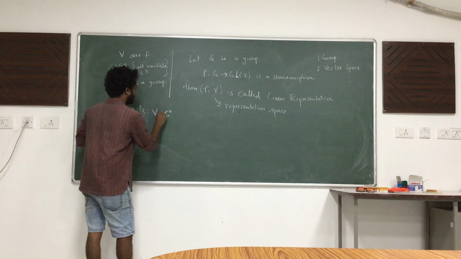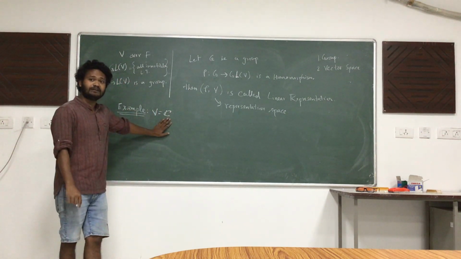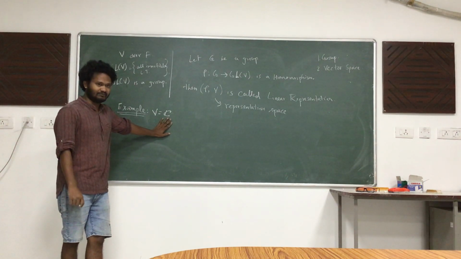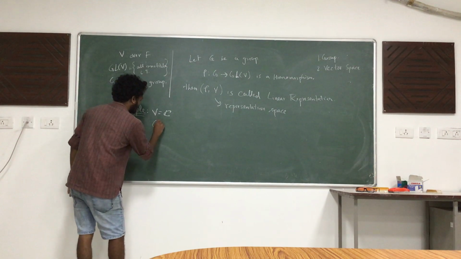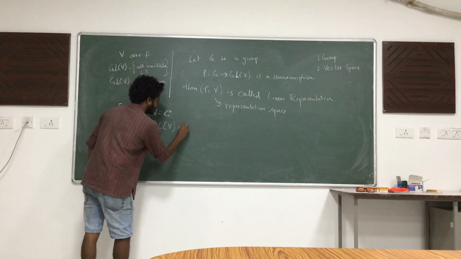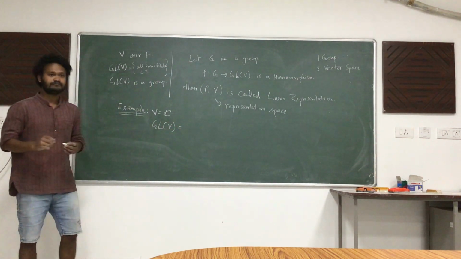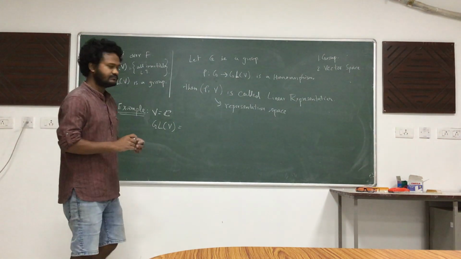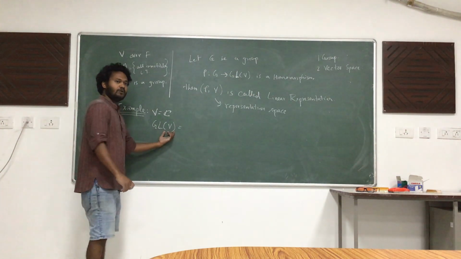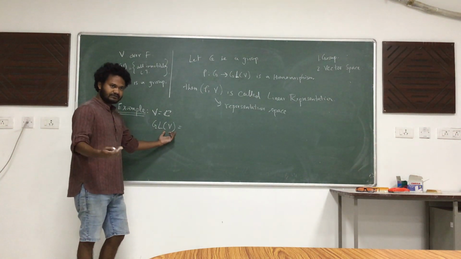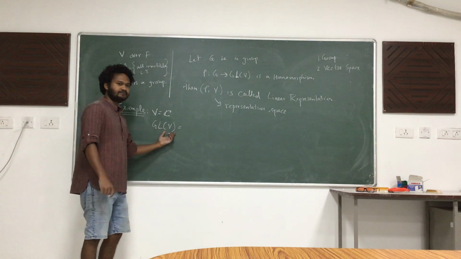So let us say our vector space is simply the complex numbers. And what will be GLV for this? GLV is what? All the linear transformations, complex to complex linear transformations.